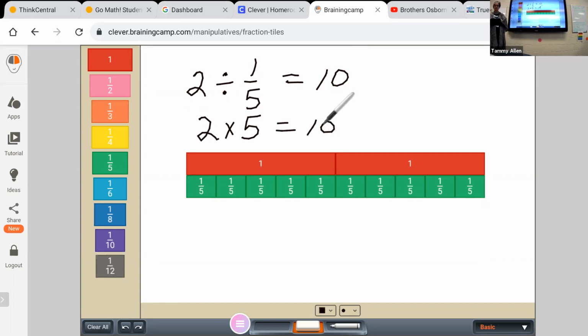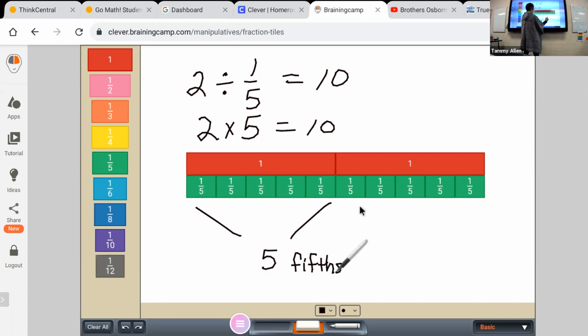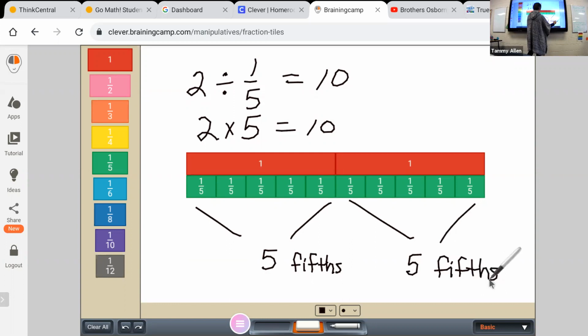Does that make sense? Okay. So 2 times I had 5 fifths. So here we show 2 times I had 5 fifths. Does that make sense?